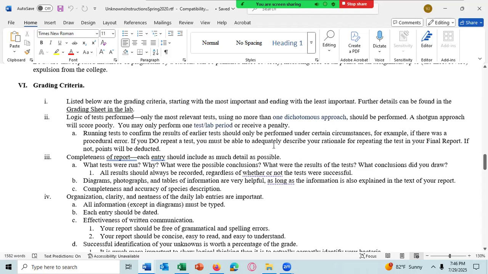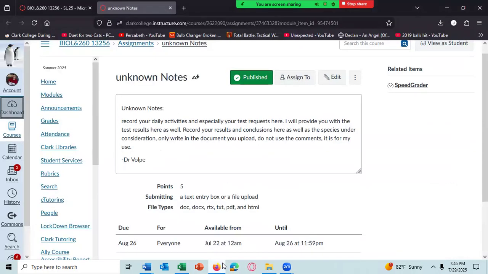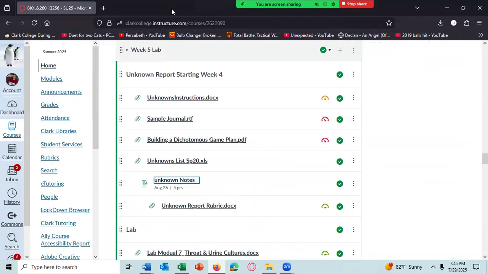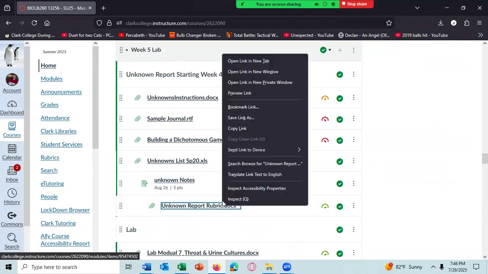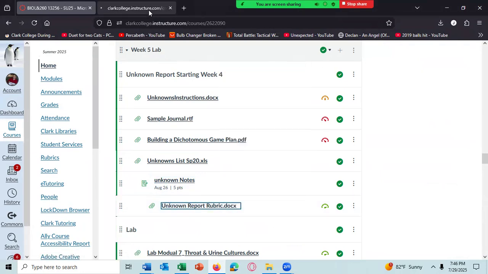Grading criteria is listed below. I do have a grading sheet for this, and let me show you where it is. There's the unknown report grading rubric.